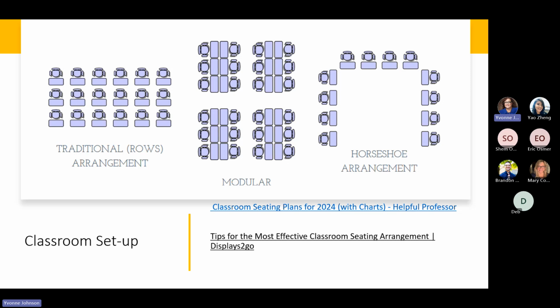And it's the same thing online when you're creating different types of opportunities for working together. There are approaches that encourage and foster that collaboration and active engagement, and some that limit it. So think about that when you're designing and teaching.